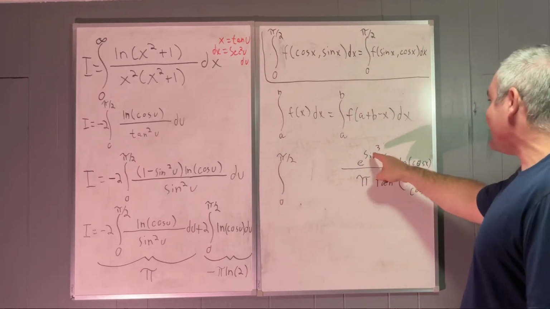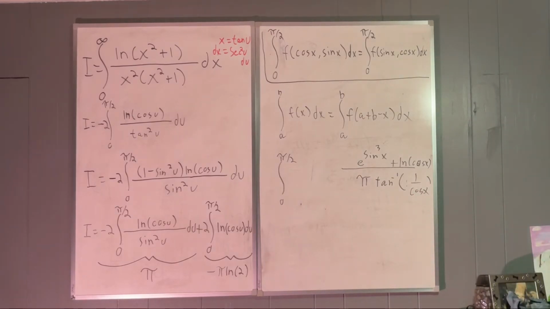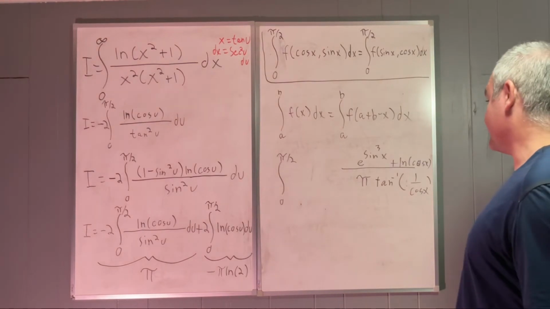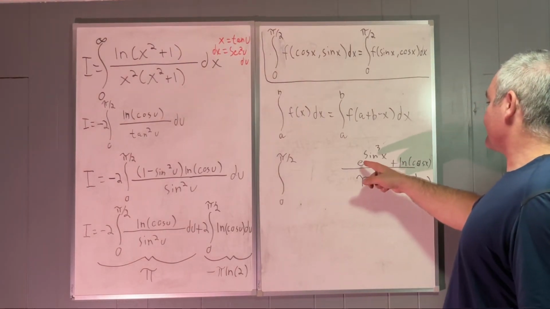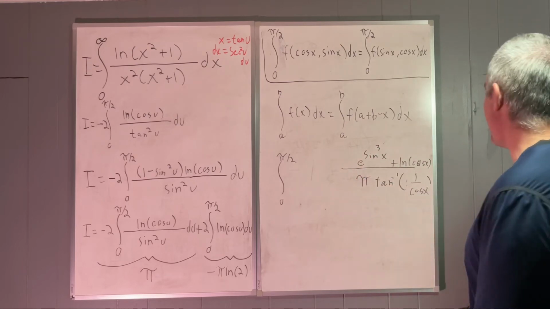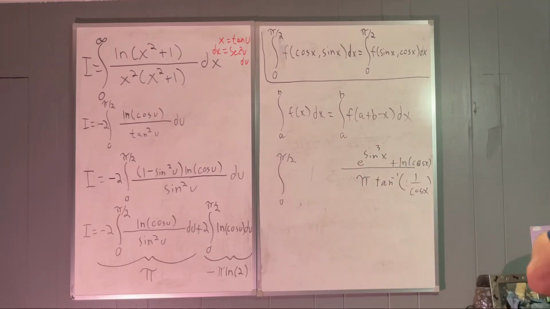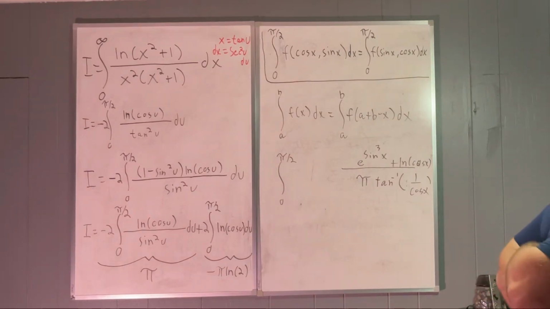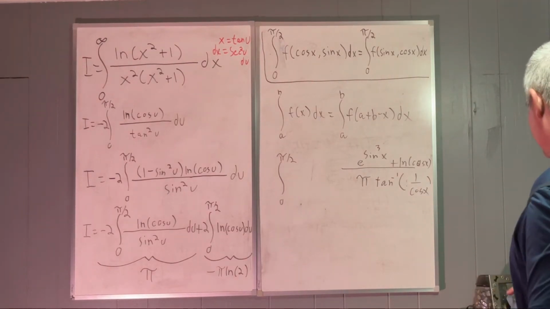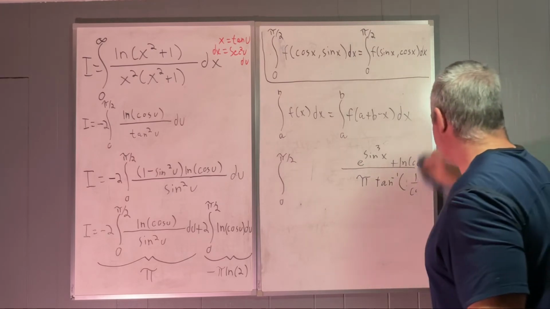The bounds of integration have to be 0 to pi over 2. So this would switch to e to the cosine cubed x plus natural log of sine x over pi times the inverse tangent of 1 over sine x. So that's how it's used.